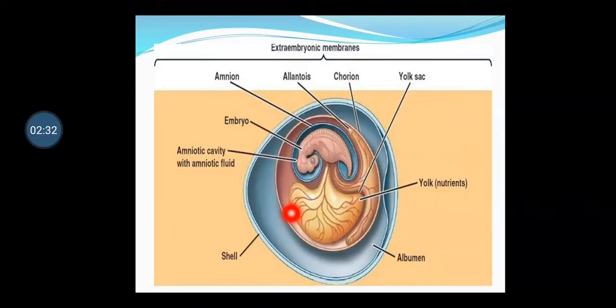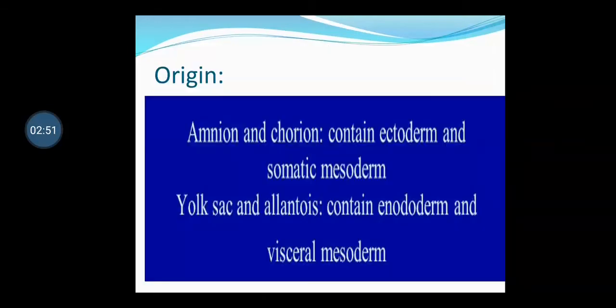And the outermost membrane is called the chorion. The chorion is present around all these membranes, that is the amnion, allantois, and yolk sac. All of these are surrounded by the chorion. The outermost is the shell of the egg.